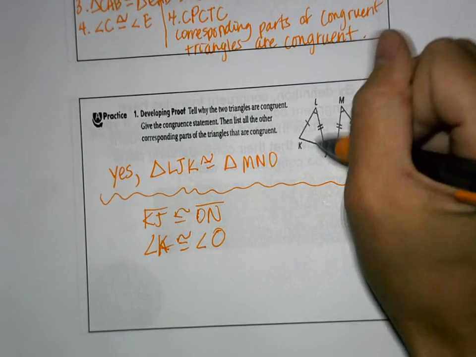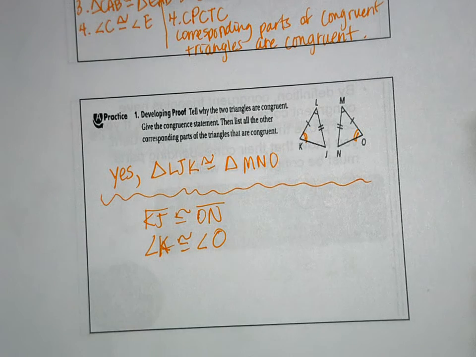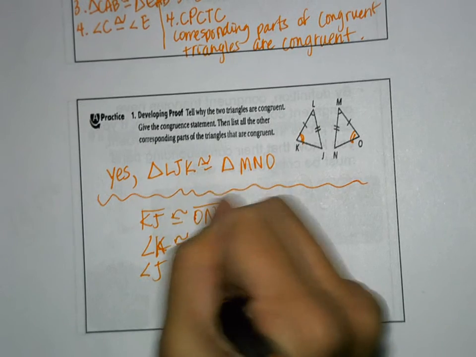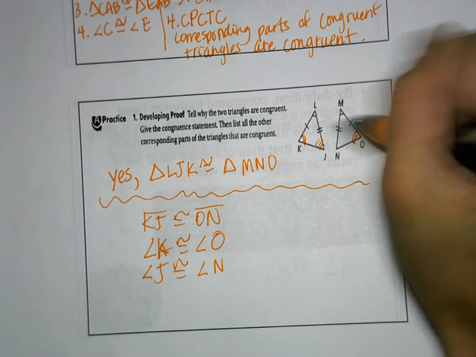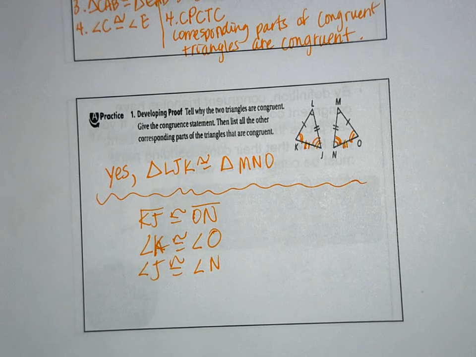So we just got K and O. So what other one is it? J and N. Good. Angle J is congruent to angle N. And then we got this side right here. Is that all the missing pieces? Good. Okay, do we have any questions on that?